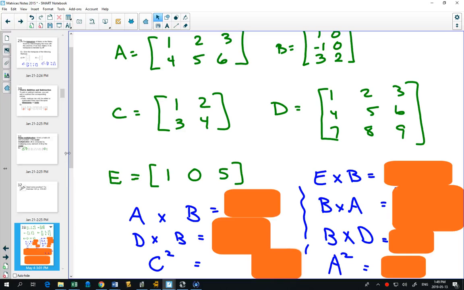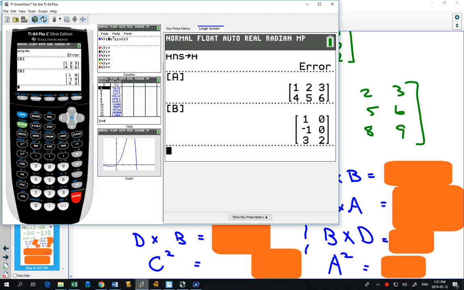So go to second and then matrix, and then edit, and then push enter on A, and then you can make it a 2 by 3 and put the numbers in.